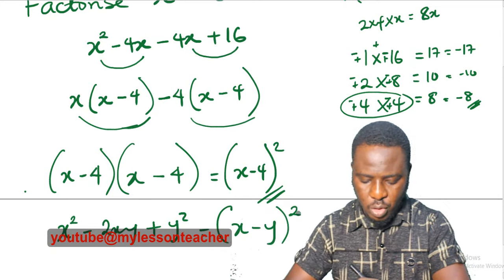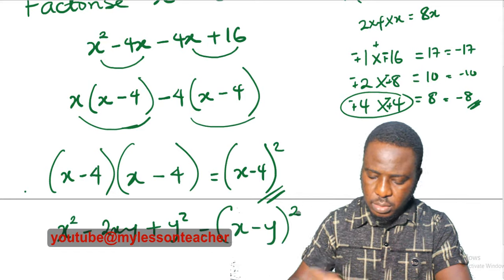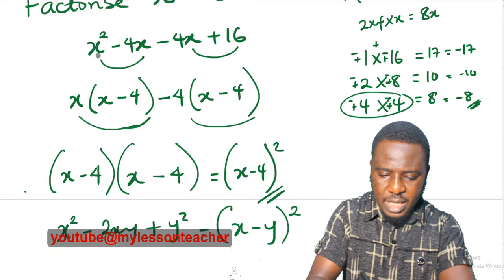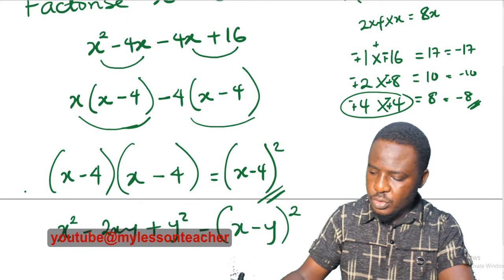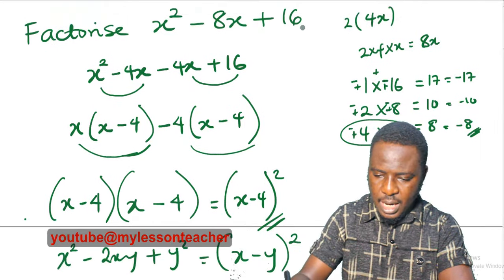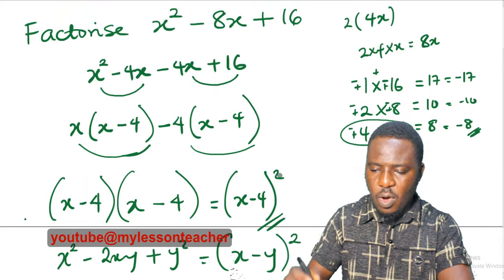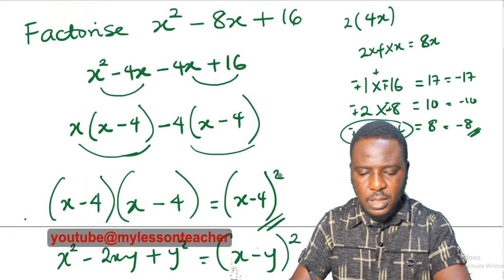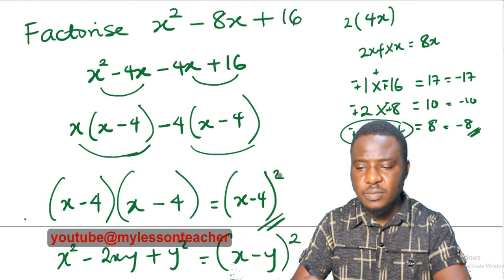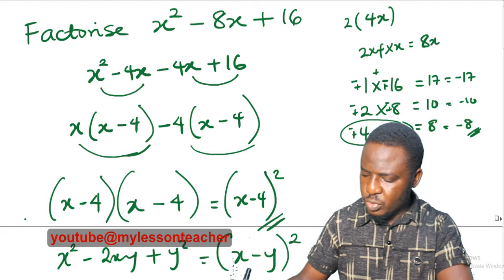And that is what we got. If you look at it, we have x squared minus 8x plus 16, and we got x minus 4 all squared as it's being factorized. So let's look at more examples.